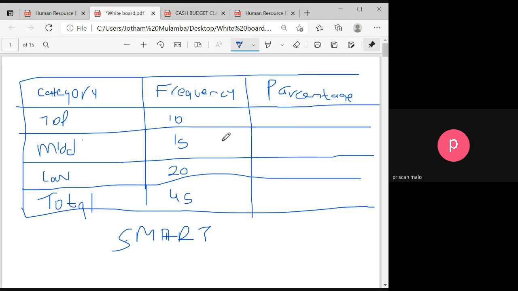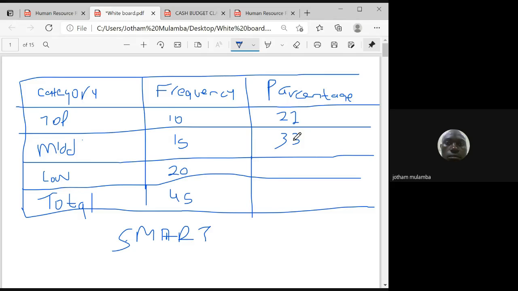22.2. So because we are dealing with human beings, we write here 22. We don't have to put the decimals because we are dealing with human beings. The second category, mid-level, it will be 15 divided by 45 times 100. 33.